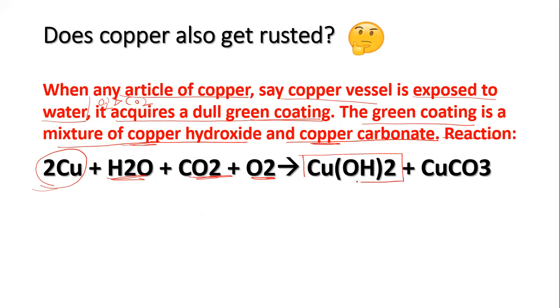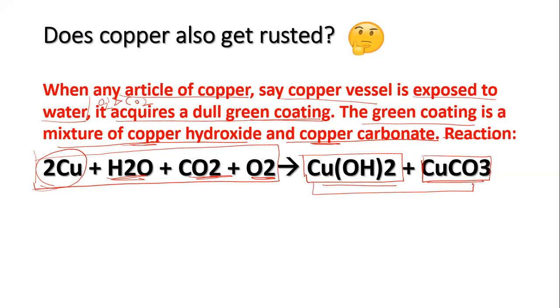Cu(OH)2, which is copper hydroxide, and CuCO3, which is copper carbonate. So when copper reacts with water, carbon dioxide and oxygen, copper hydroxide and copper carbonate are formed. This is basically the mixture of the rust, the dull green coating on the copper vessel.